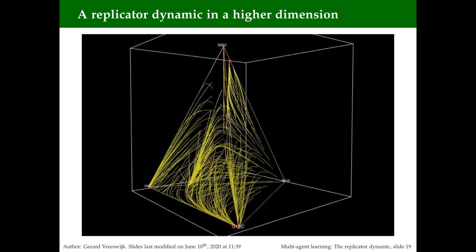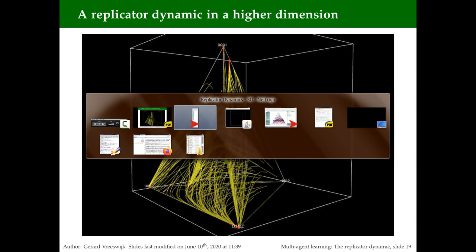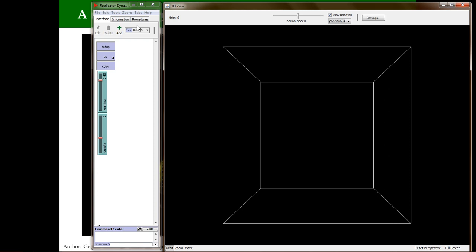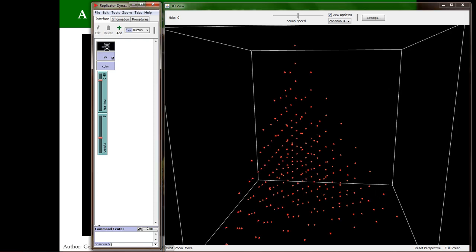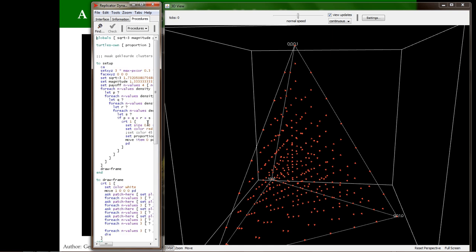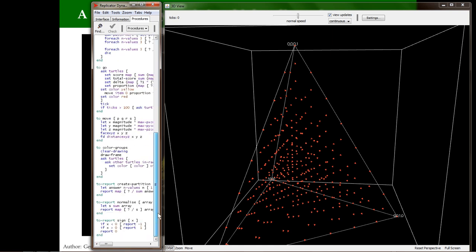Well, let's look at that for some additional insight. Did you know that NetLogo has a 3D version? I just took a specific replicator dynamic that has an interesting payoff matrix.